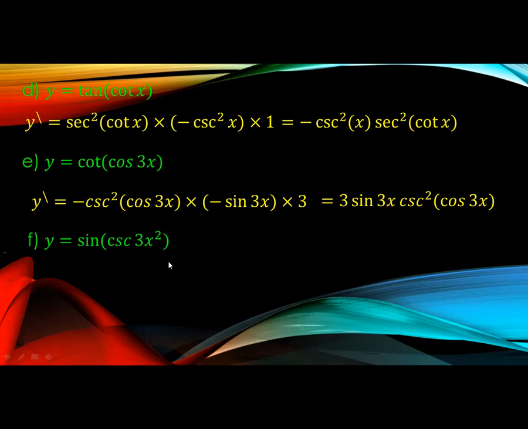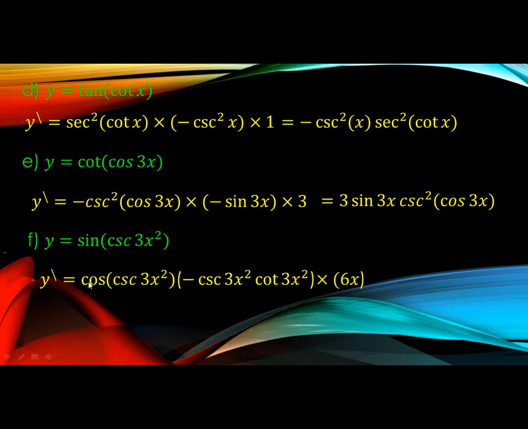Next exercise, letter F, y equals sine of cosec 3x power 2. The first derivative of sine is cosine of the same angle cosec 3x power 2, multiplied by the derivative of the angle cosec 3x power 2.